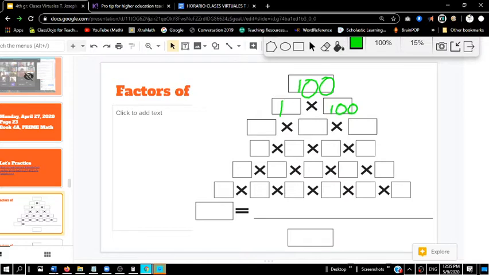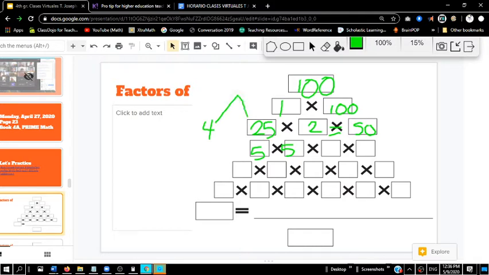I know that 2 times 50 are factors. 3 is not a factor. 4 is a factor. 4 times 25 is a factor, yep. So we have 25 right here. 5 times 5 equals 25. And 4 times 25 is a factor.